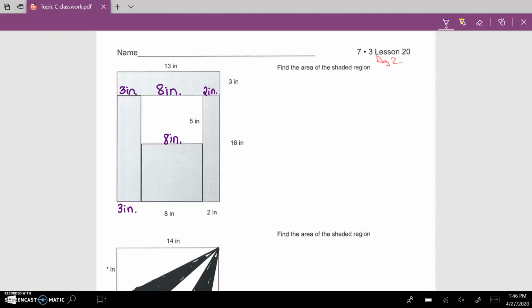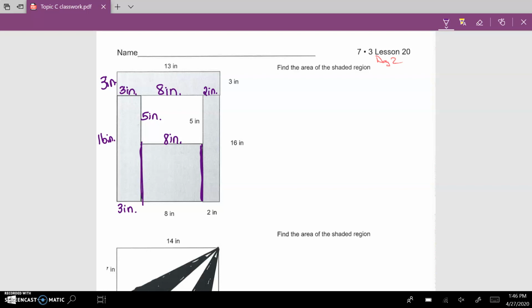They said that this was 5 on the inside here in the white space, so this would have to be 5 inches over here. And if this short end was 3 inches on the top, this would have to be 3 on the left-hand side. This would be 16 on the left-hand side because that's what the opposite side was. So really all you're left with then is these 2 in here, okay?